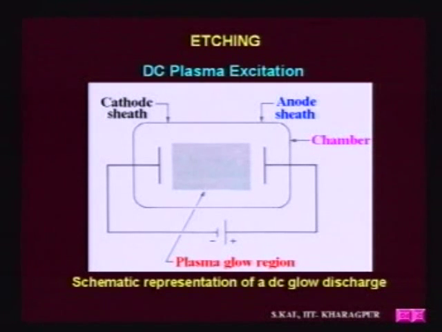Then reaction will take place with the surface, and some of the silicon or silicon dioxide surface reacts with the plasma and will be etched. So this is the basic mechanism of creation of plasma inside a DC glow discharge tube.